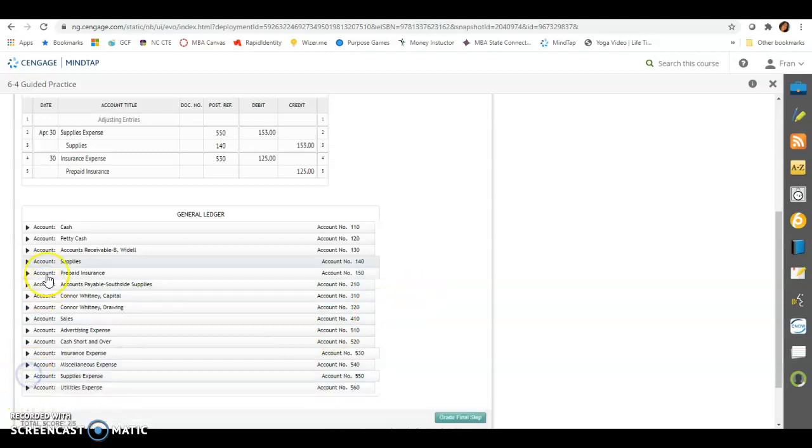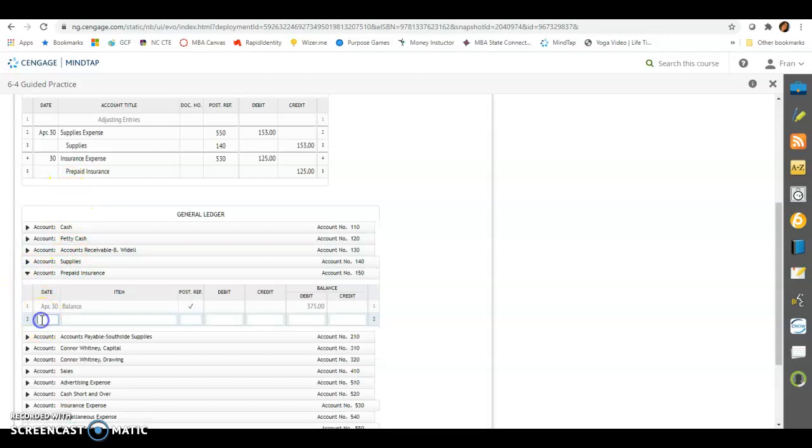All right, last one, prepaid insurance, which is right here. G8, General Journal, page 8. This is a credit for $125. Okay. So again, I can't have a negative asset.